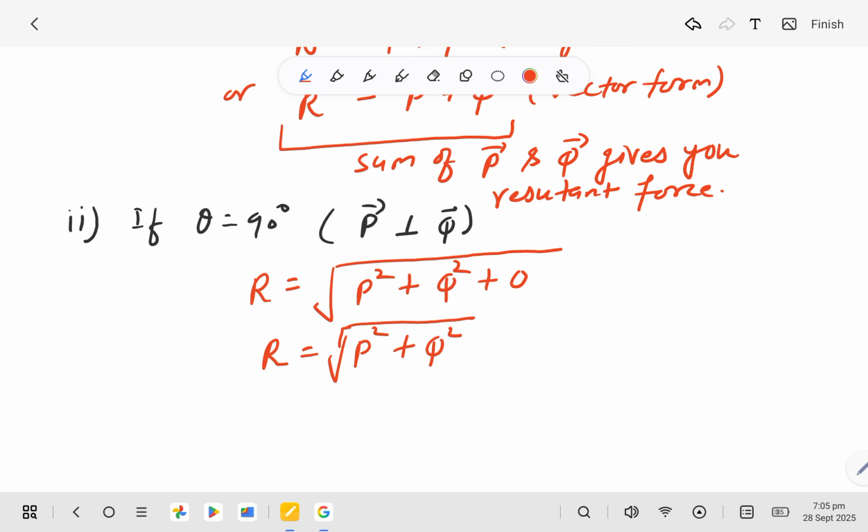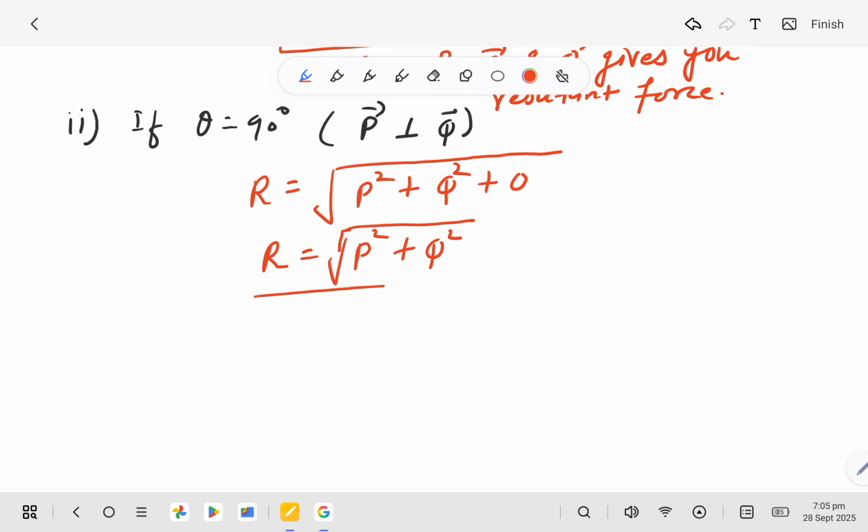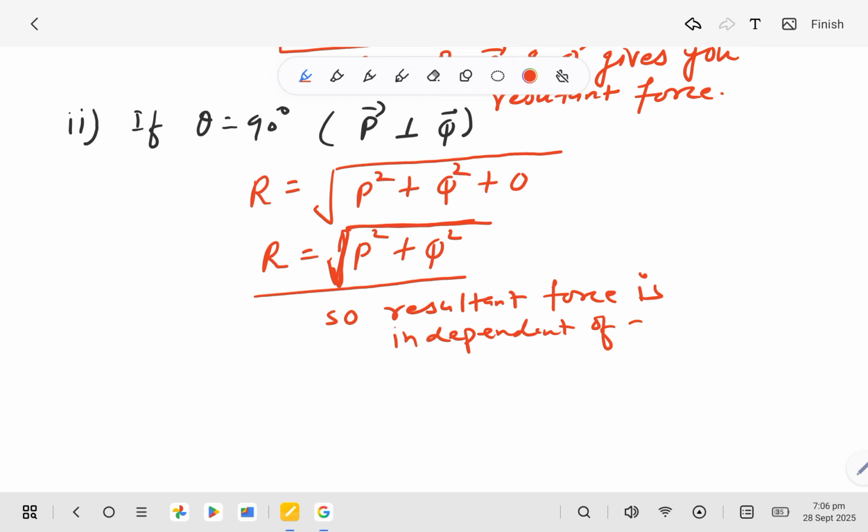So this is how we can estimate the resultant force, and the resultant force is independent of angle.